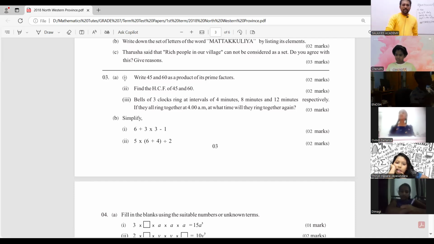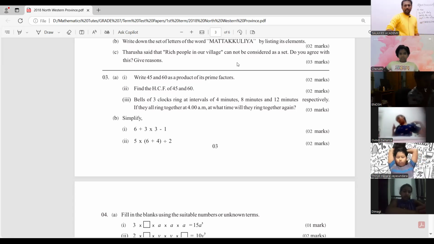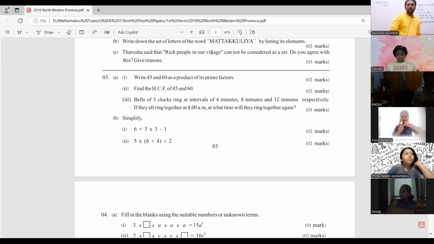Third question, simple A. Also, there are three subparts given. The first part, write 45 and 60 as a product of its prime factor. Third question, simple A, Roman number 1. There are two numbers given, 45 and 60. You have to write these numbers as product of its prime factors.